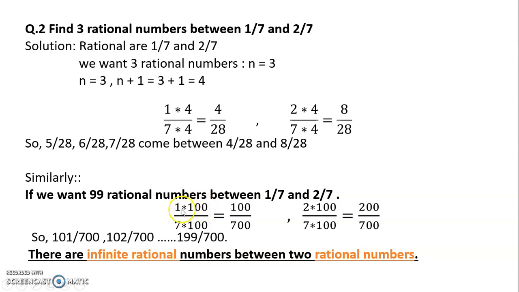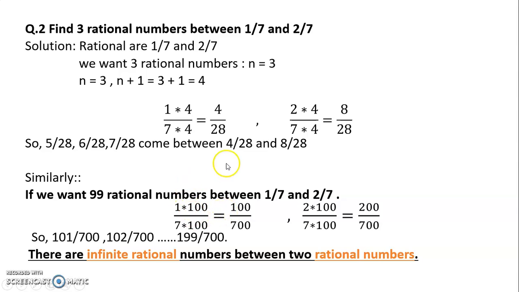So you will multiply the numerator and the denominator with 100 to get 100 upon 700. Similarly, you will take the second rational number 2 by 7 and multiply the numerator and denominator by 100 to get 200 upon 700. So you can say that the numbers from 101 to 199, all these numbers will come in between the two rational numbers.